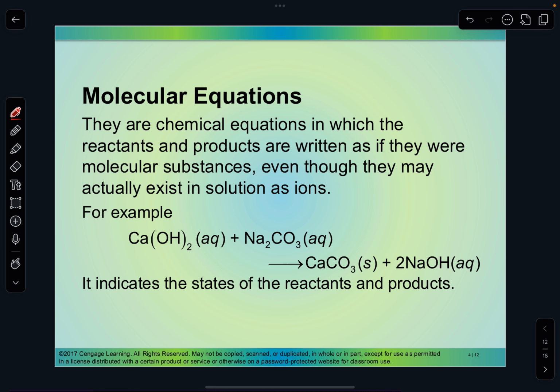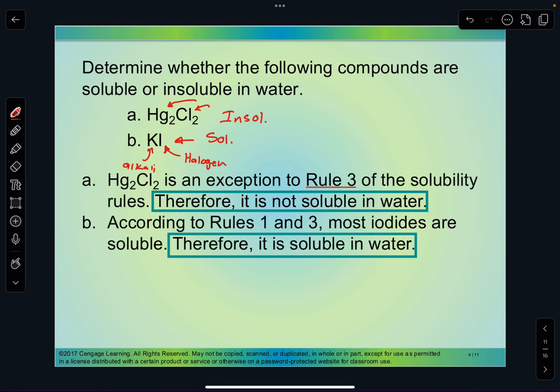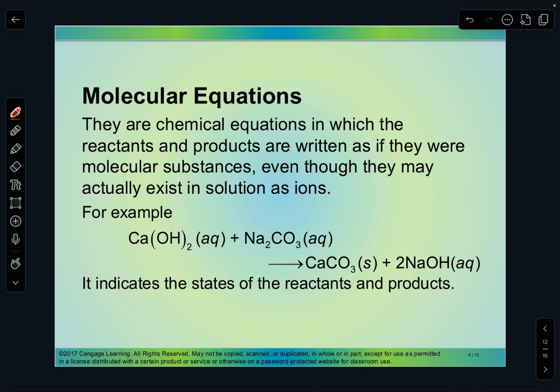Okay, so those are the rules. I would suggest you try and pick 2 elements on the periodic table, one a metal and one a non-metal, and see if you can find something that's going to be soluble. That's how I would suggest to do this.